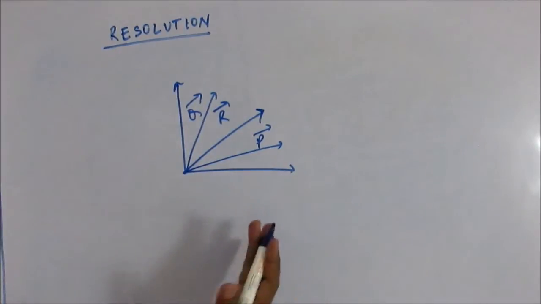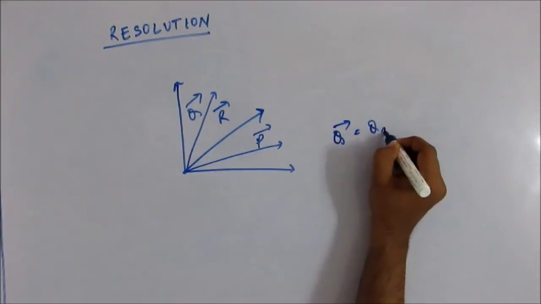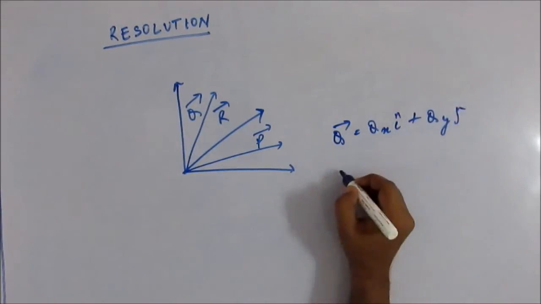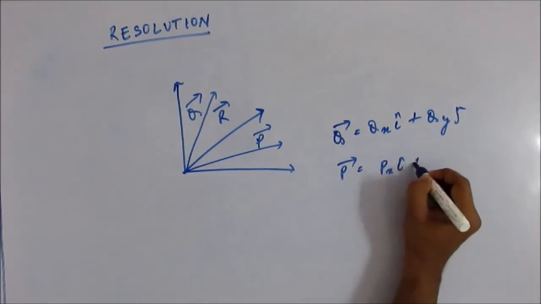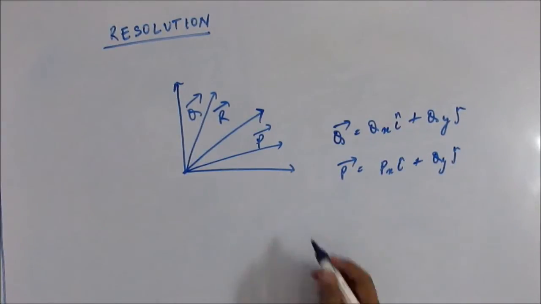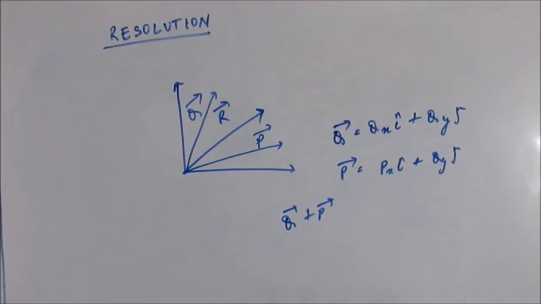Suppose we resolve q vector along x and y, and we get q vector is equal to qx i cap plus qy j cap, and we resolve p vector along x and y, we get px i cap and py j cap. Now if you want to add these 2 vectors, q vector plus p vector, if you don't resolve them and simply go for addition, then you can add q vector plus p vector as we have done the vector addition before.